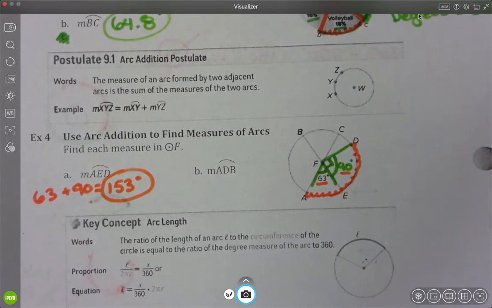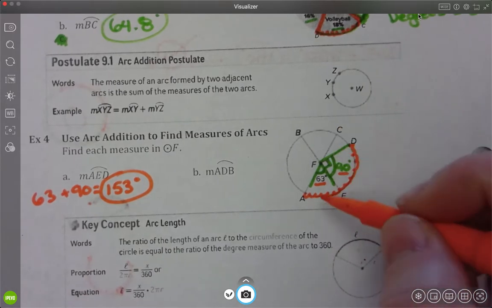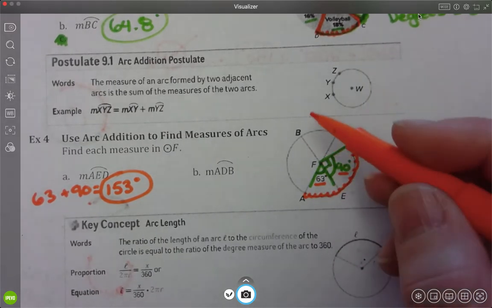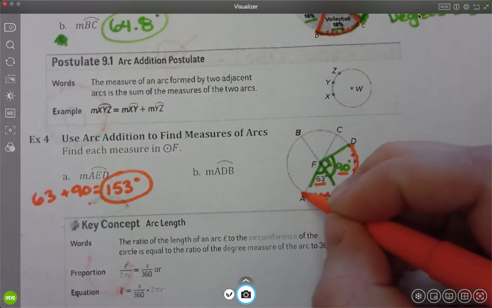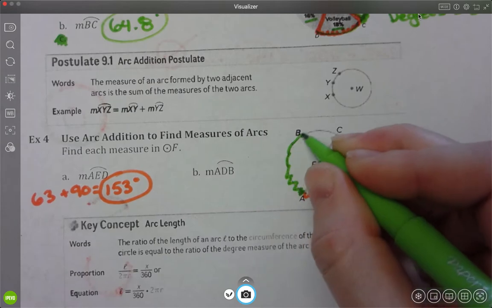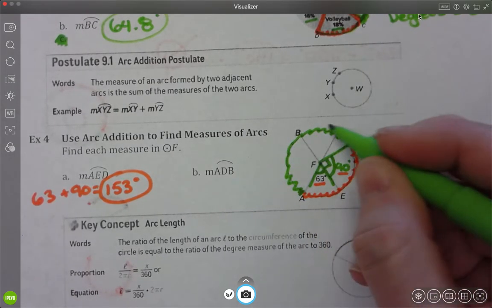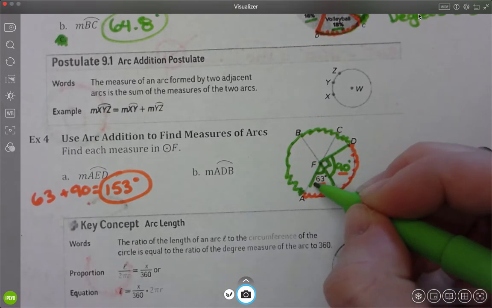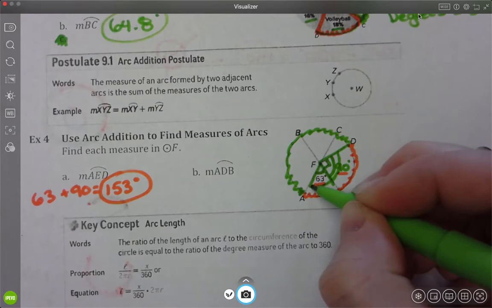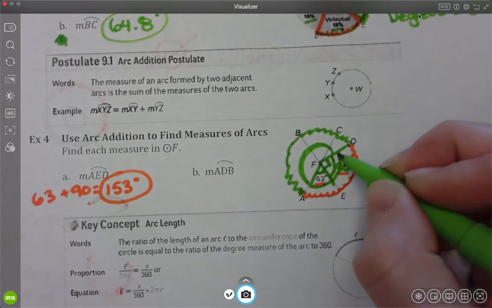So it's just kind of showing you that you can add those arcs together and that will give you the entire length. Now, they want to know what ABD is. Okay, so on the opposite side, ABD is going to be this length. Well, that's the other half, basically the rest of the circle besides this 63 and 90. Okay, so how would we find from here to here if we know this part?